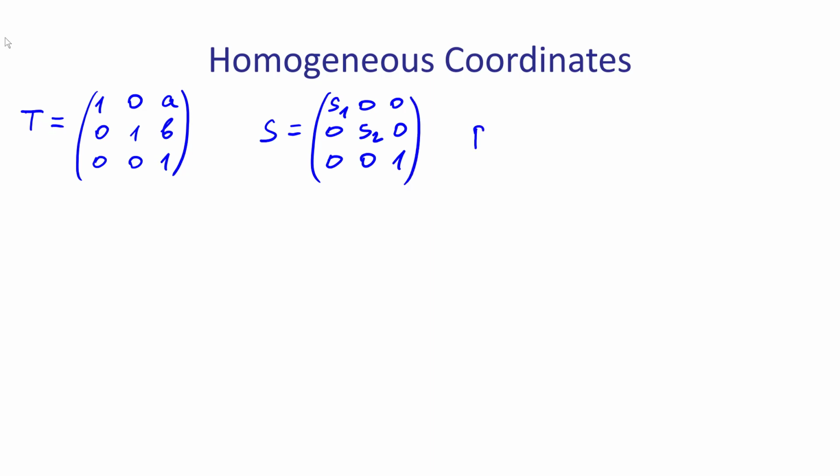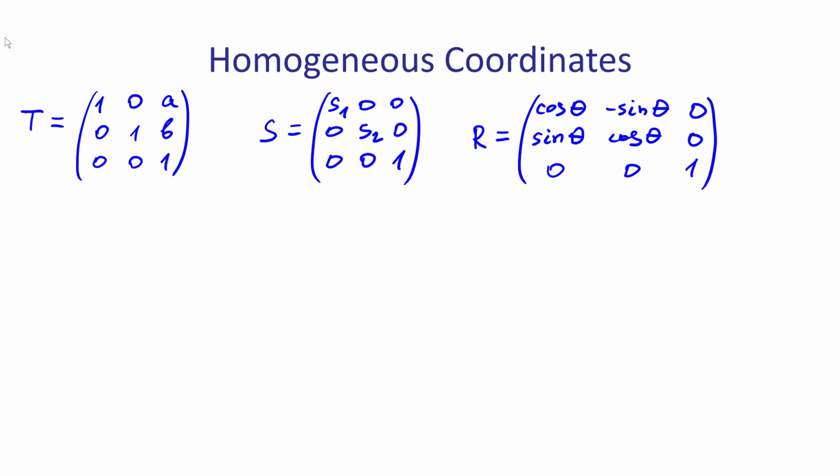And the rotation matrix, you may guess it already. It's cosine theta, minus sine theta, and as always adding 0, sine theta, cosine theta, which is the regular R matrix, and 0, 0, 1 to make it also invertible.